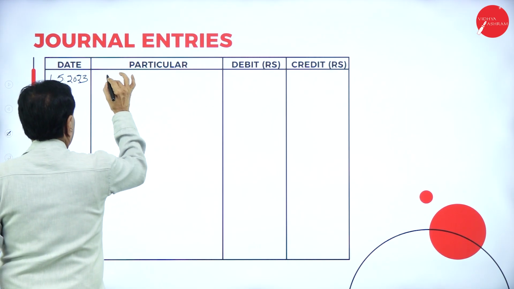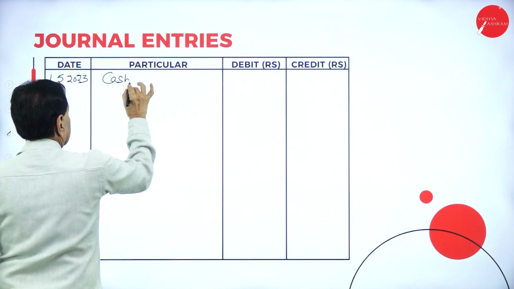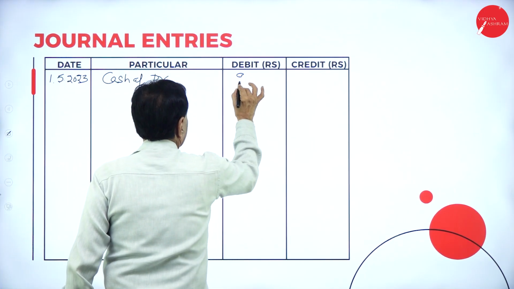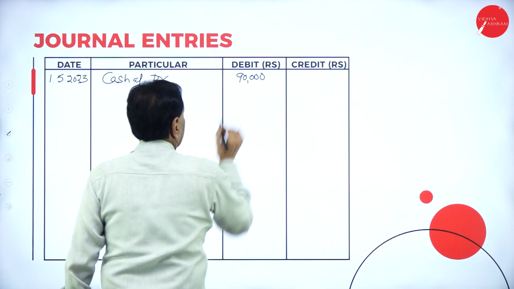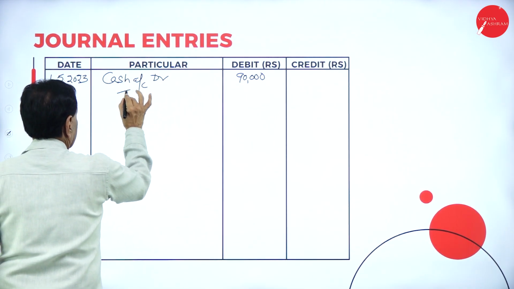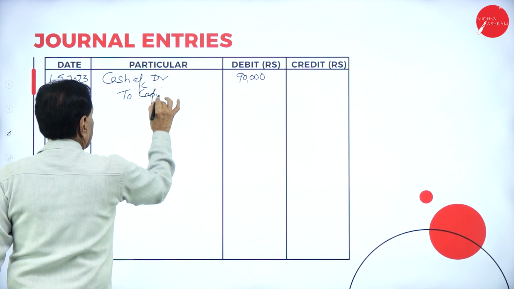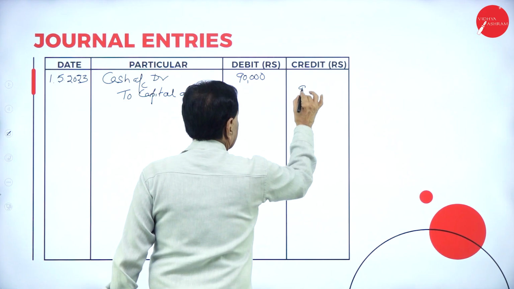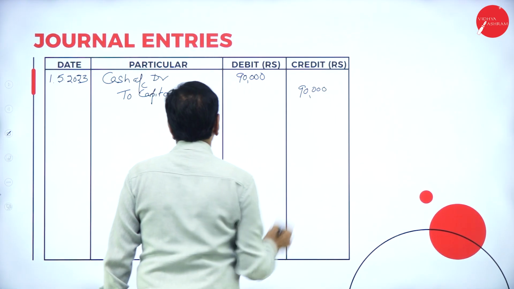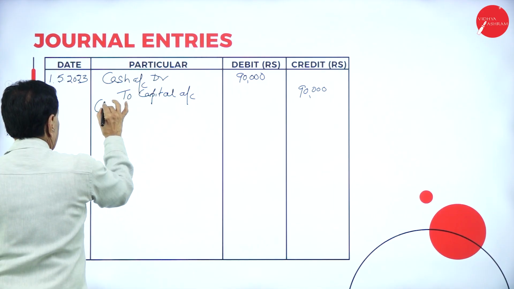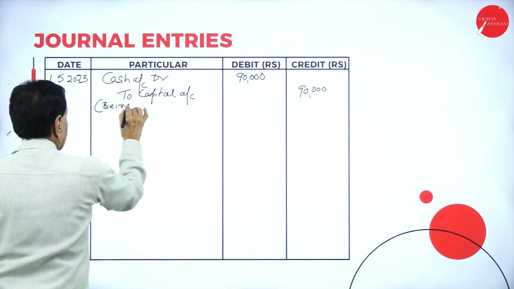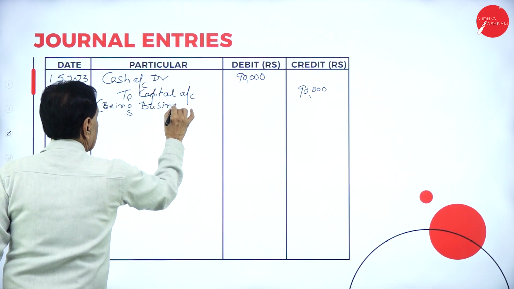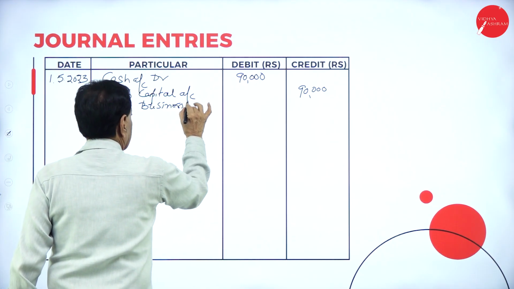Cash account debit, 90,000, to capital account, 90,000, being business commenced.